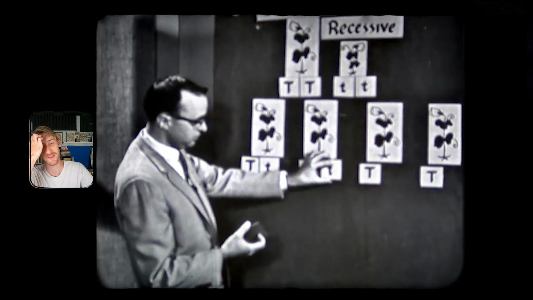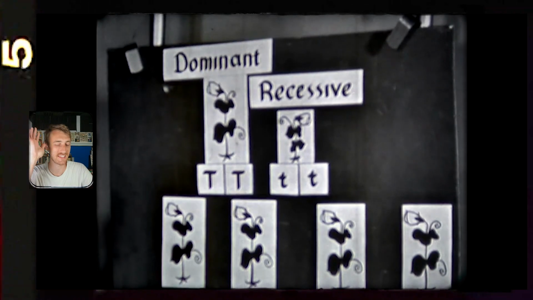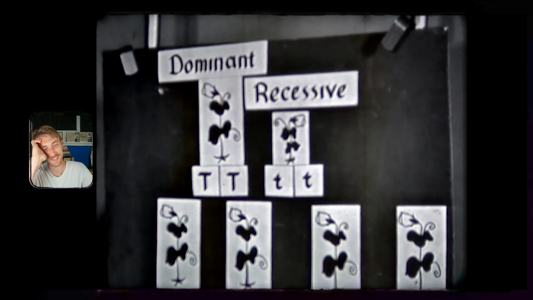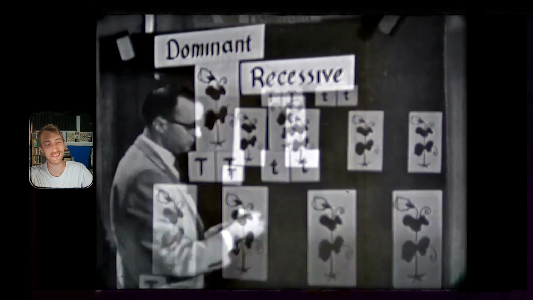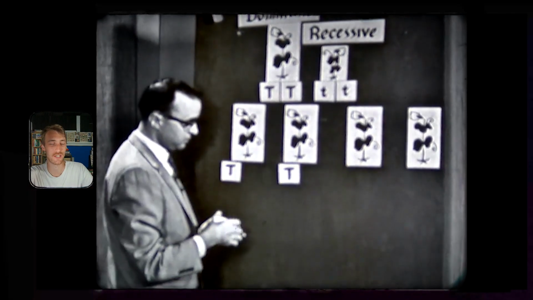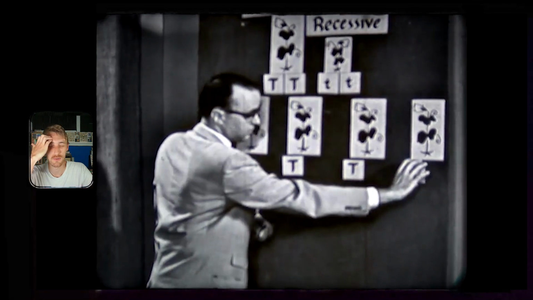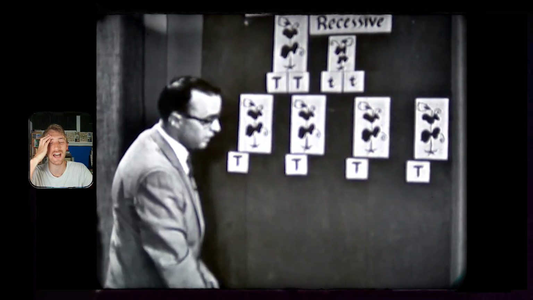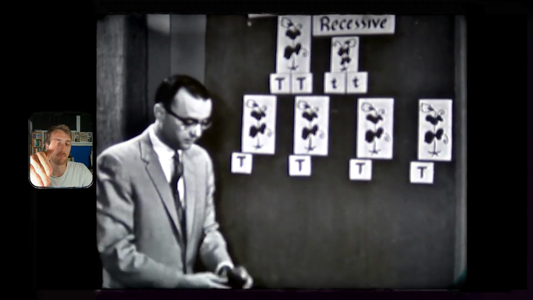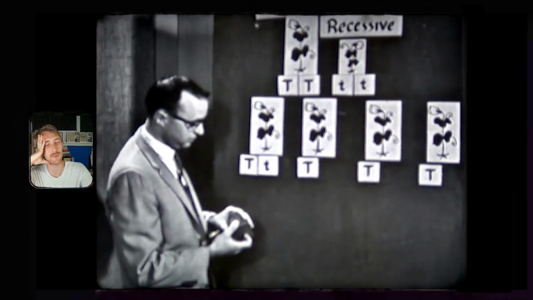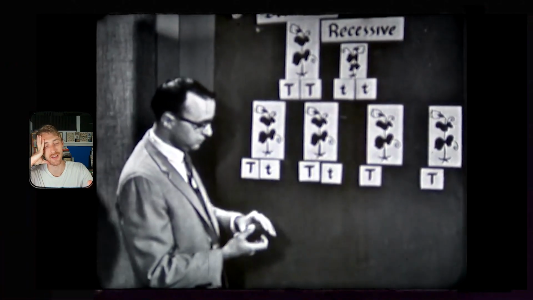Oh god, yeah, now he has to put the little ones on as well. See, that's what's so funny about these old editing styles. It's just how much time they were meant to take up. Back then, people weren't bored by watching him put the tiles on the board, but just because of my science communication editing brain, I am feeling the audience be bored watching this. If I was editing this, I would have cut this part out completely.